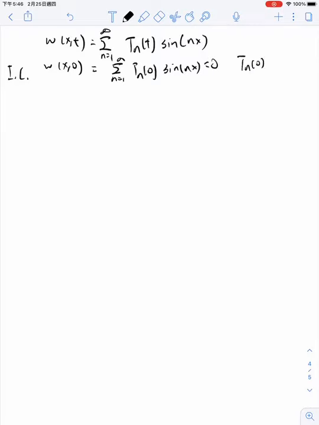So T_n at time equal to 0 is 0, and its derivative at time equal to 0 is also 0.